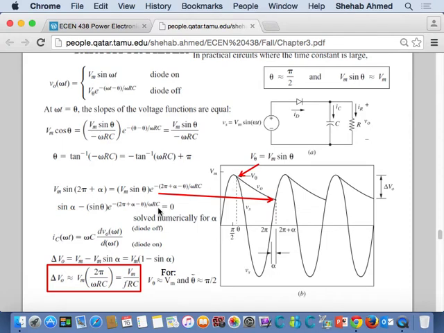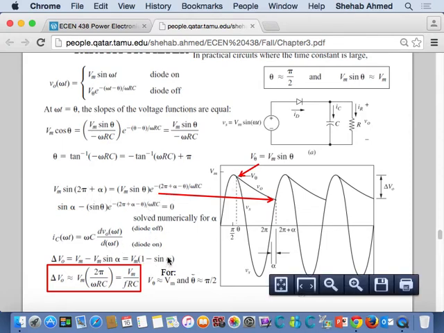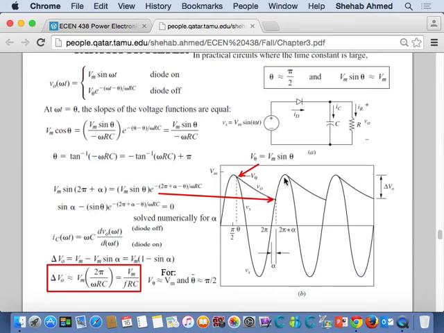What we did was we wanted to find where theta was. Why did we want to find where theta was? Because of this equation. So initially we wanted to find alpha. How did we find alpha? We said that we find alpha by equating the exponential and my input sine wave at this point, 2 pi plus alpha.